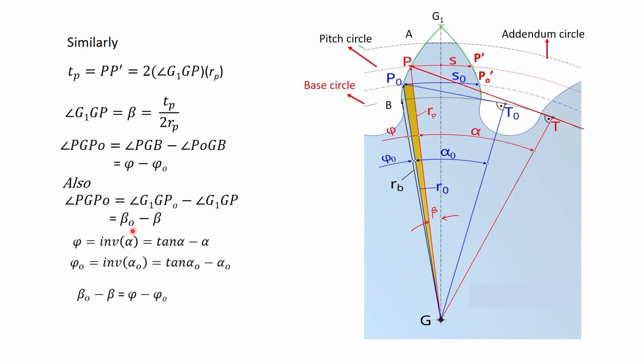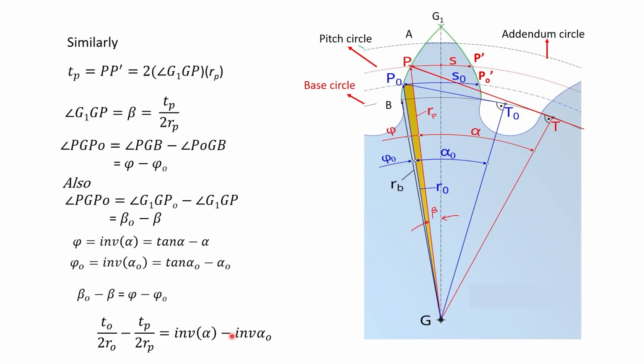Therefore, beta 0 minus beta is equal to involute alpha minus involute alpha 0. Now, this beta 0 minus beta is T0 divided by 2 R0, and this beta is Tp divided by 2 Rp.